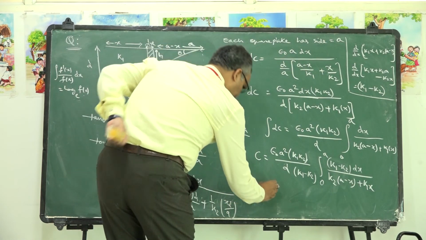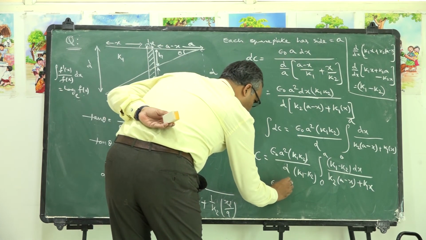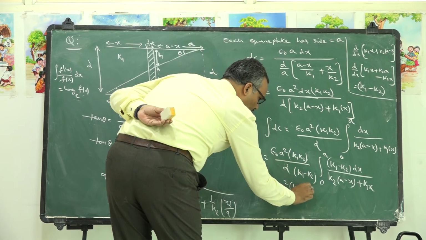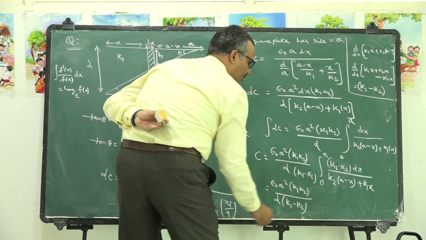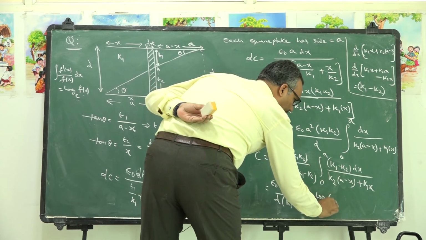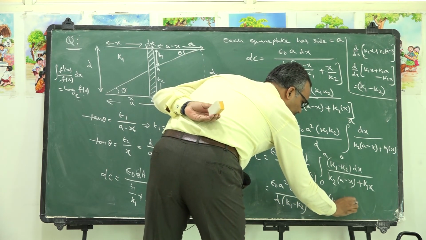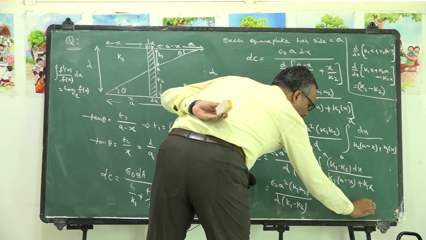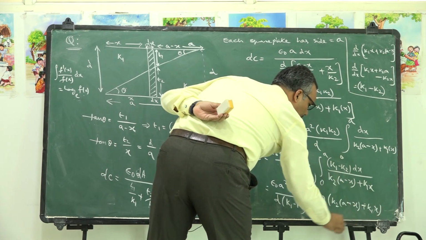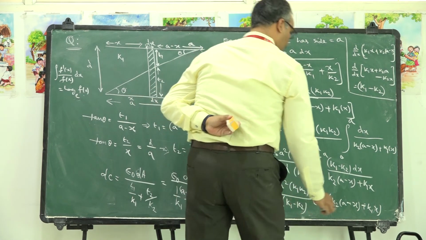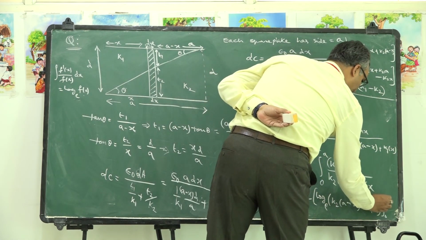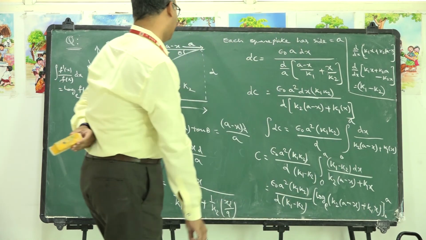Then I can write it as epsilon naught A square K1 K2 by d into (K1 minus K2) into log of K2 into (A minus x) plus K1x, to the base e, with limits from 0 to A.